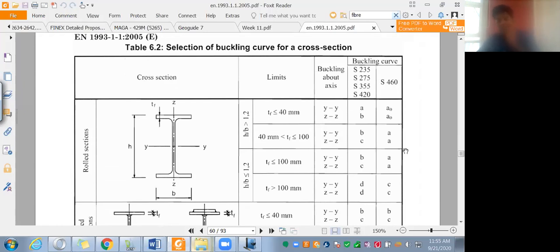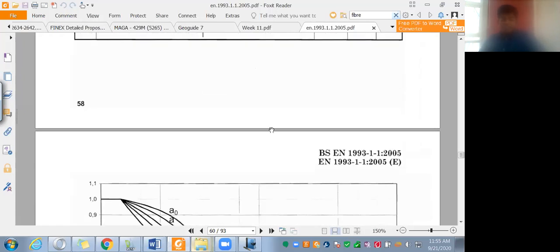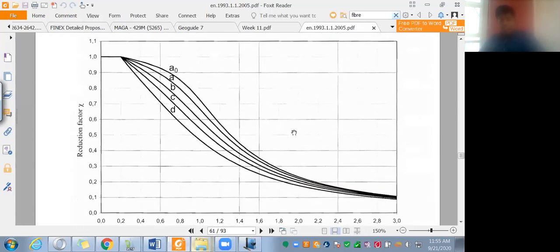For example, if you consider again tf is less than 100 and h over b is less than 1.2, so it's going to be curve C for the weak axis. So if it is curve C, if you look at the values that I have, roughly around 3 point something, so it's 0.1, roughly 0.1 approximately.